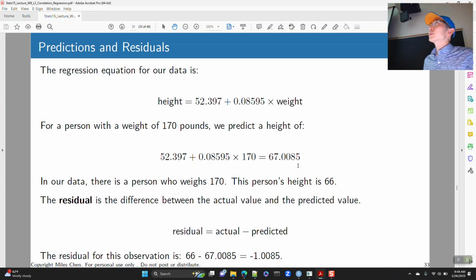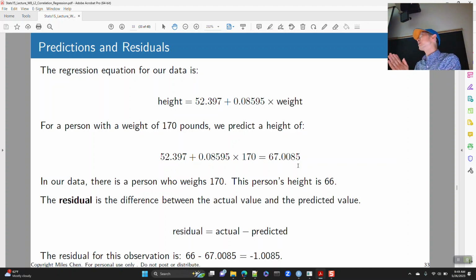So the error bar is based on the amount of data you have and the amount of variation within the data, right? If we're trying to predict someone's weight based on their height, you're going to have two people with the same height value, and they might have wildly different weights, right?